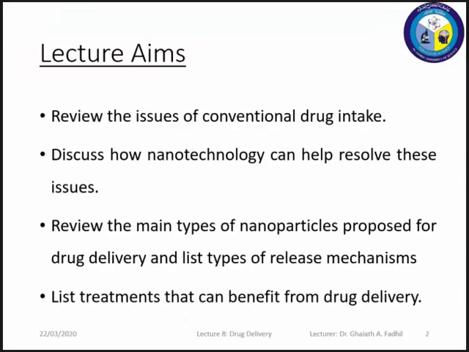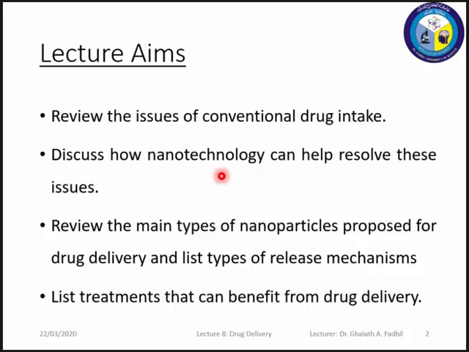I'll be aiming to review some of the issues that we have with current and conventional drug intake, the way we take drugs in our normal routine now, and then we discuss how nanotechnology can resolve these issues.